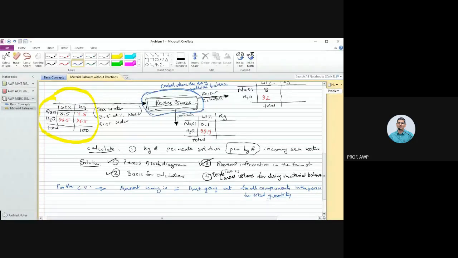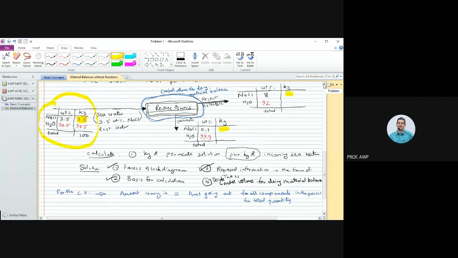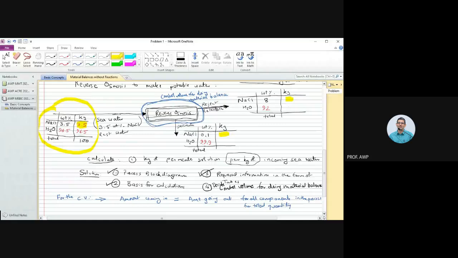Let me just give an example. So if we say 3.5 kgs of sodium chloride are coming in, then 3.5 kgs of sodium chloride must be going out. Where are they going out? They are going out in the permeate stream, and they are going out in the reject stream. So the amount of kgs of sodium chloride in the permeate stream and the kgs of sodium chloride in the retentate stream must add up to 3.5.